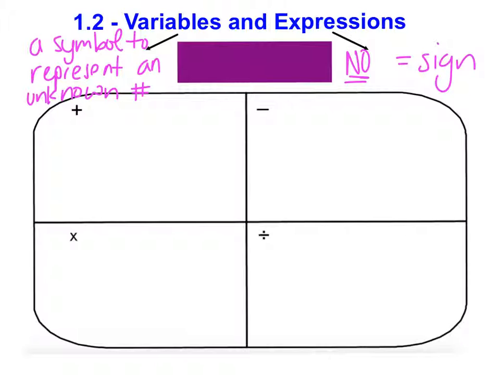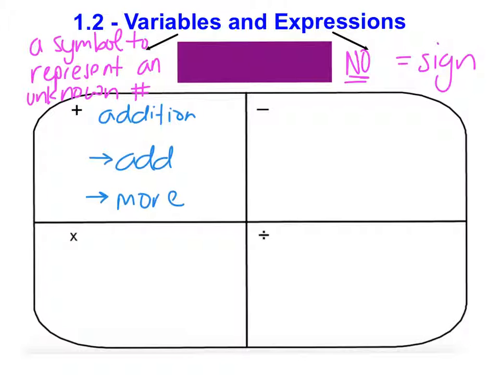And in our chart, we need to write down words that mean addition. So we know plus sign is addition. But what else does it mean? I know add, more, and so on. And think of as many as you can.